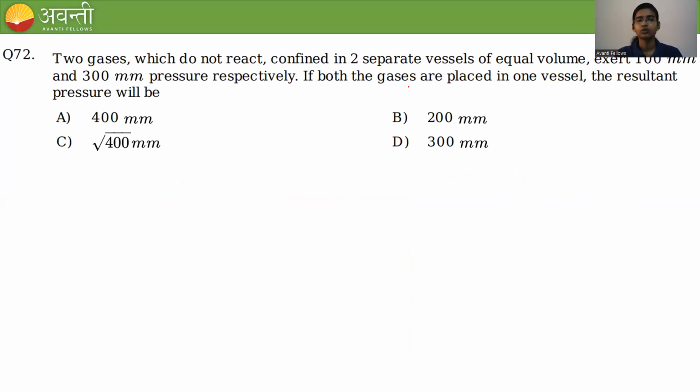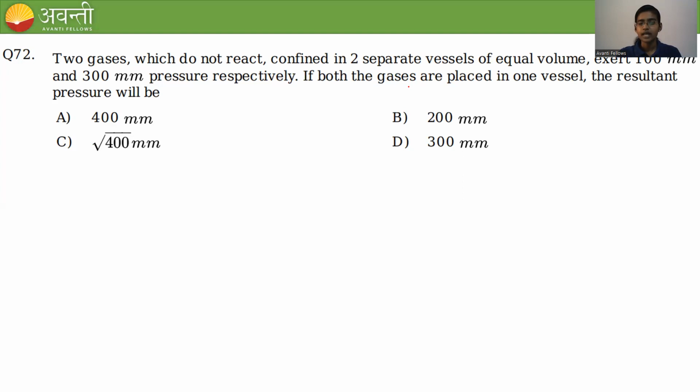Now moving on to question number 72. Two gases which do not react, confined in two separate vessels of equal volume, exert 100 mm and 300 mm of pressure respectively. If both the gases are placed in one vessel, the resultant pressure will be.